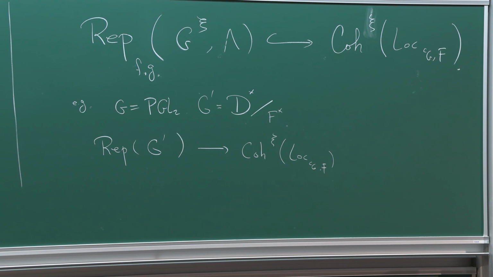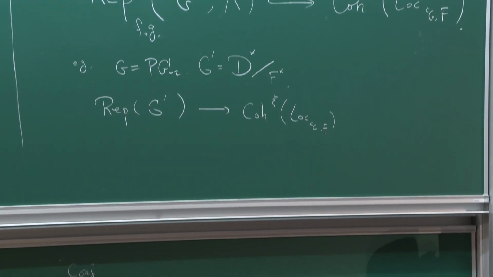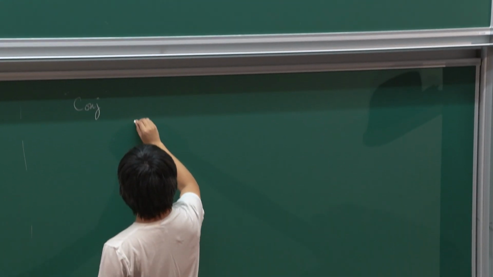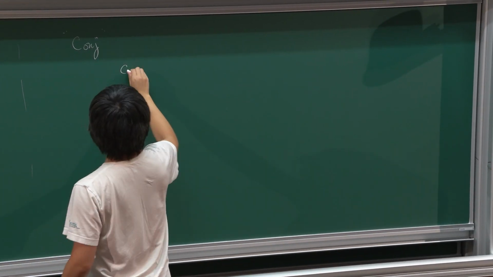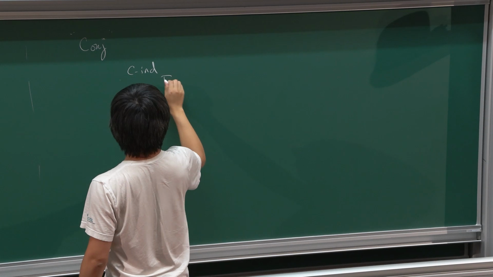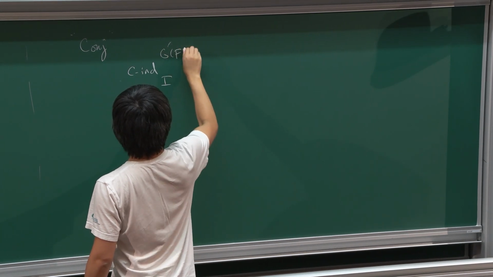So the simplest thing you may consider is really just the compact induction from the Iwahori. This representation should then also go to some coherent sheaf on the stack of parameters.